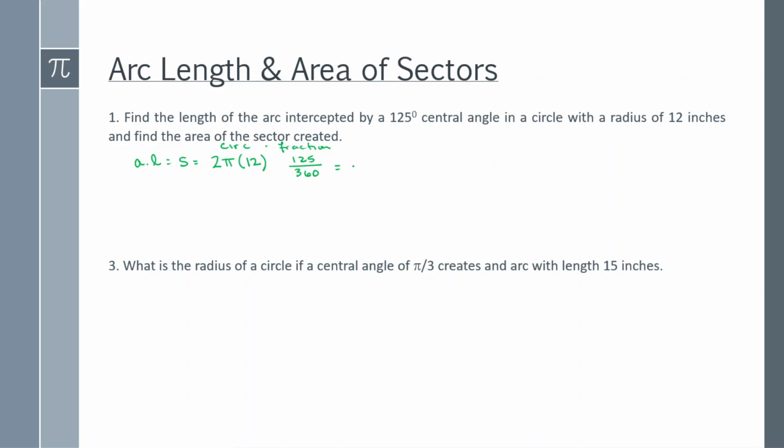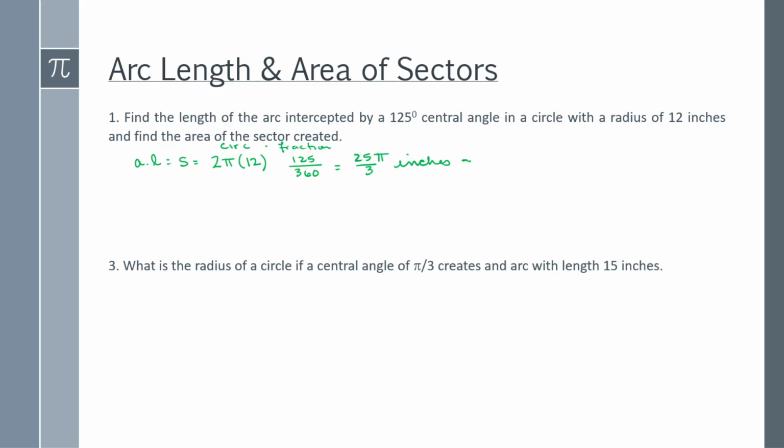So when I multiply this all out, I get 2 times 12 times 125, and I'm going to divide that by 360, and I'm going to leave it as a fraction, and so I get 25 thirds pi. And this will be in inches.